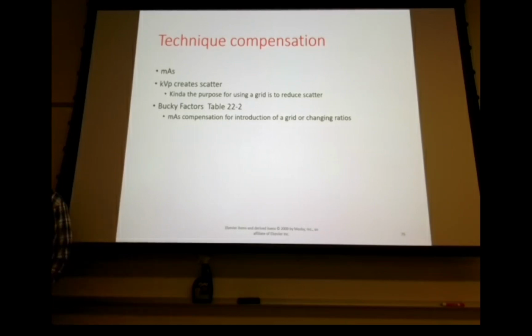We don't want to compensate with kVp, because it's just going to compound the issue. The grid's there to absorb scatter radiation. Increase kVp, you're going to increase penetrated scatter radiation. It becomes more effective, and you're going to have to increase your mass more anyway, right? So your compensation is always going to be mass.